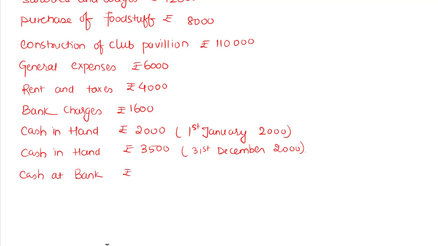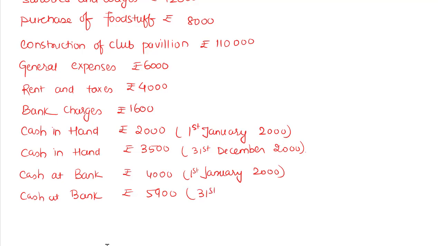Cash at bank rupees 4,000 on 1st January 2000, and cash at bank rupees 5,900 on 31st December 2000. We need to prepare the receipts and payments account of the cricket club.